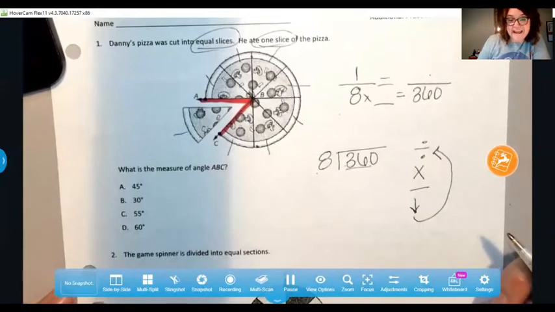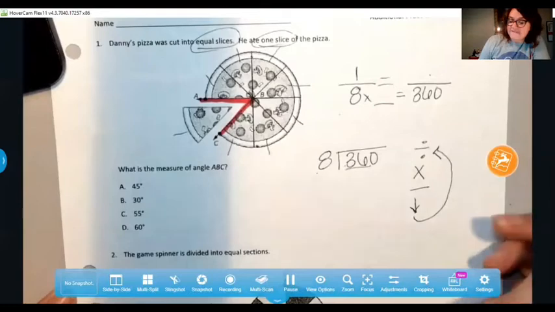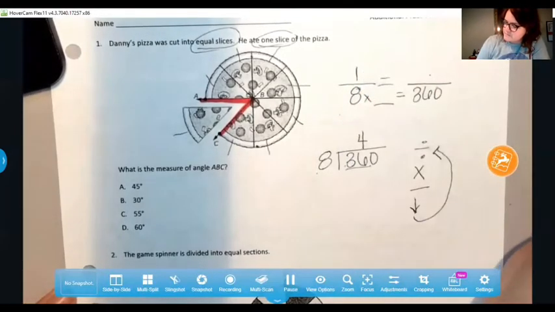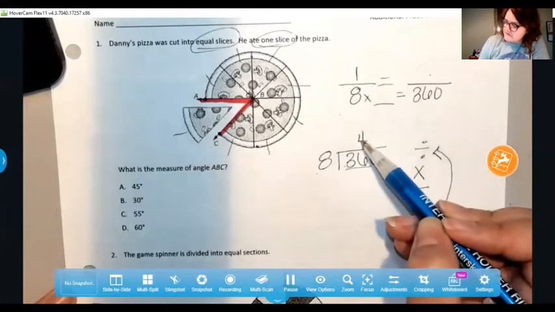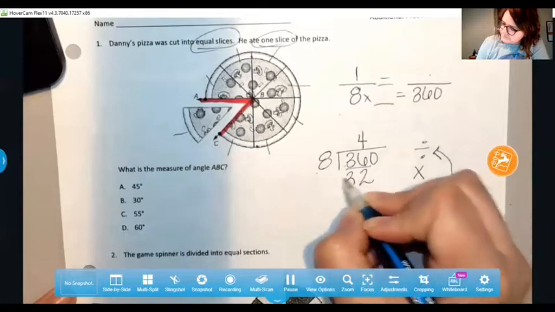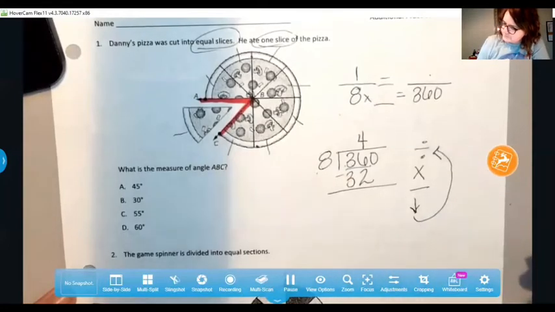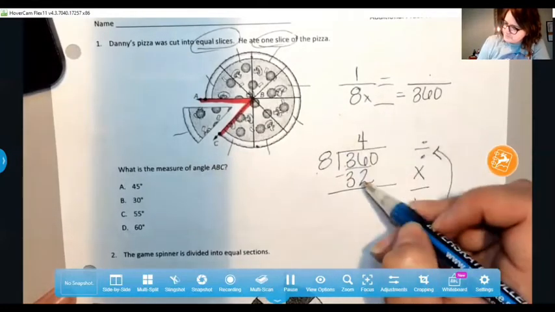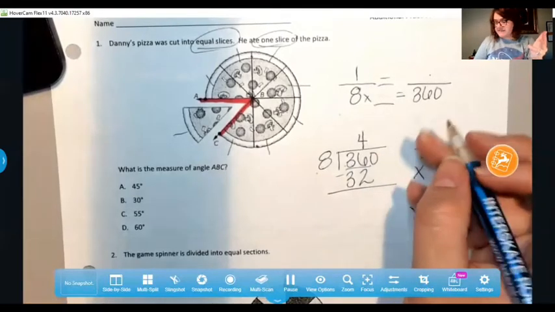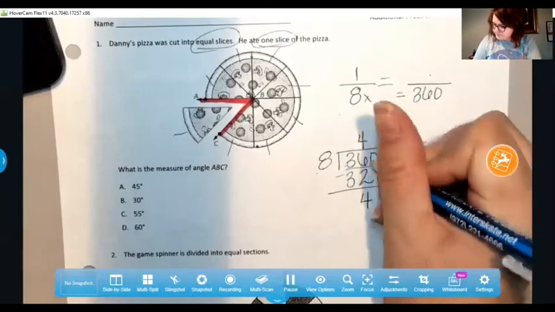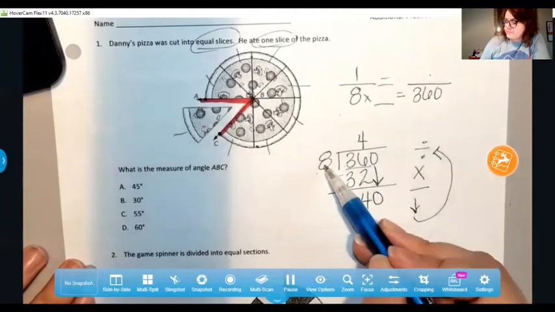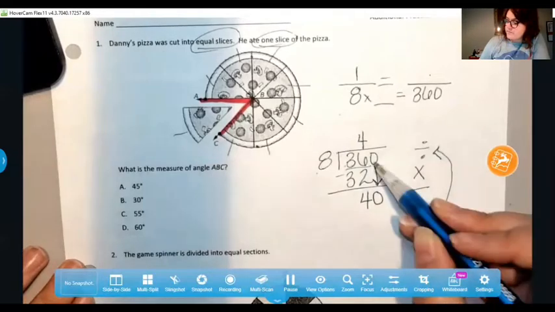When I roll my 8s, I find that it can go into 36 4 times. 4 times 8 is 32, 33, 34, 35, 36. I brought it on down.